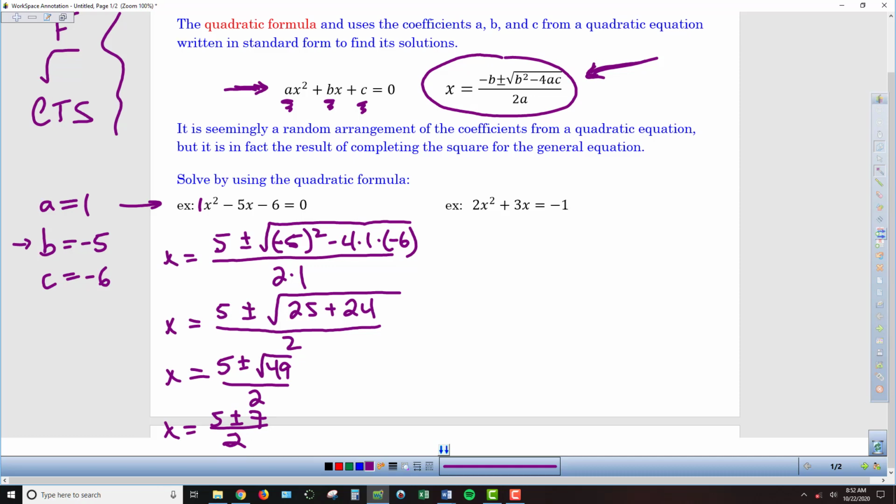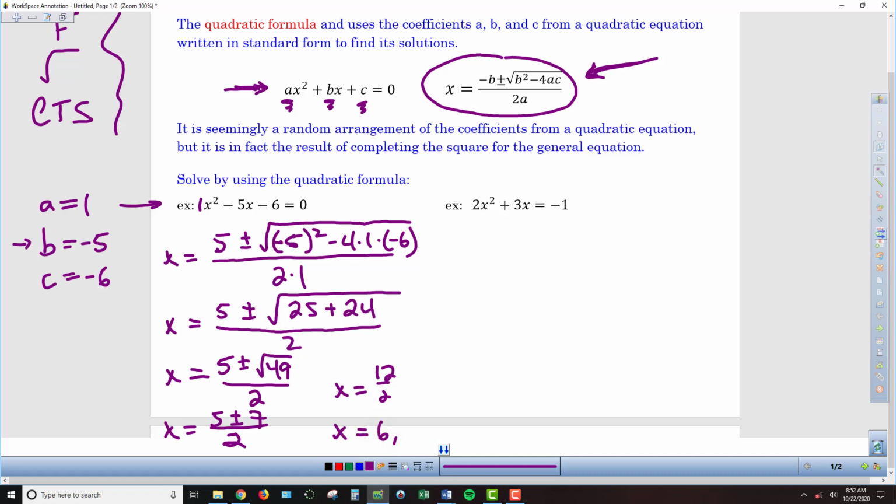Now, in this case, I can go ahead and finish things out and actually get integer values by performing the operations that I have here. So I've got 5 plus 7, which is going to give me 12, and then I divide that by 2. So I've got 12 divided by 2, which equals 6.